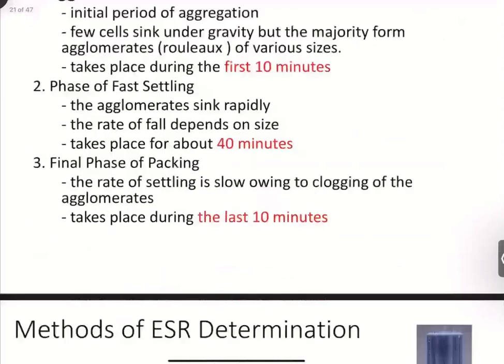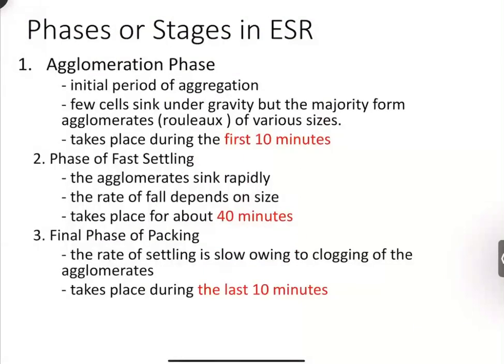So you have phases and stages in ESR. First is the agglomeration phase. This is the initial period of your aggregation. Few cells sink under gravity but the majority form agglomerates. This also forms your rouleau.